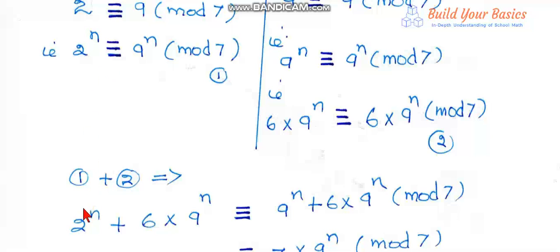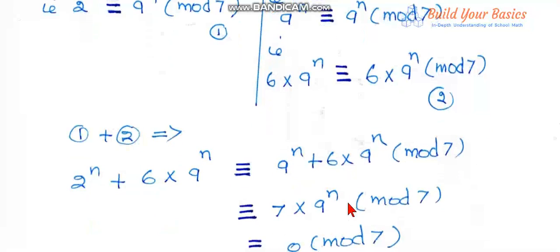Left hand side is added. 2 power n plus 6 into 9 power n is congruent to 9 power n plus 6 into 9 power n modulo 7. Simplify this. 9 power n plus 6 into 9 power n. So it is 7 into 9 power n mod 7.